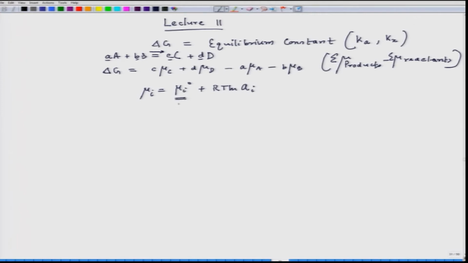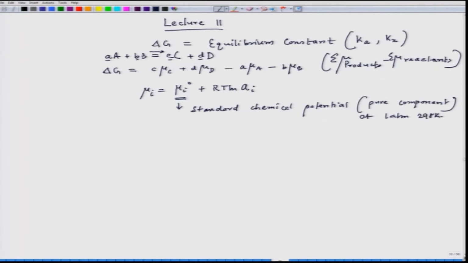This is nothing but the standard chemical potential of that particular phase, and this indicates the chemical potential of the pure component at 1 atmosphere pressure and 298 Kelvin.